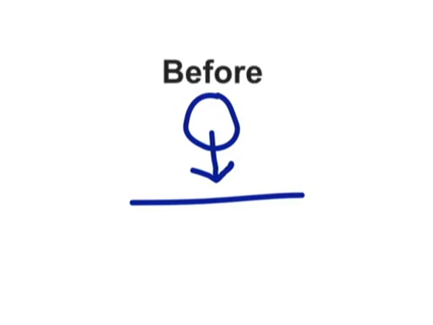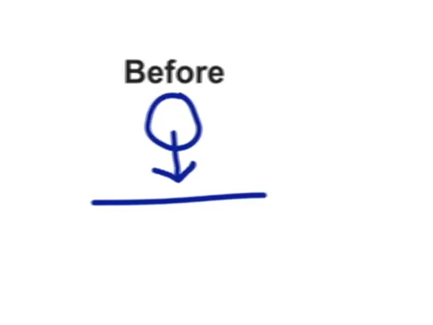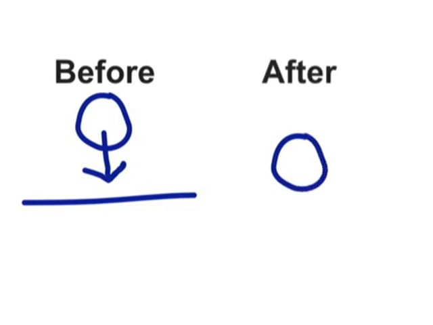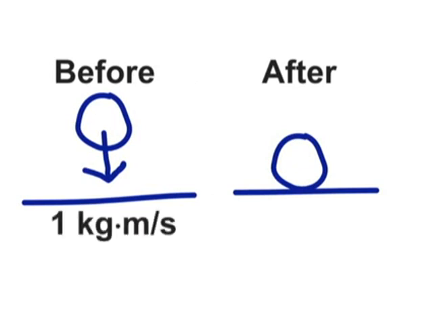If you have a ball which hits the floor and bounces, here's like before. Here's a ball, and it's got a certain amount of momentum. It hits the floor and lands with a thud. Let's suppose it has a momentum of 1 kilogram meter per second. Oh, except it's moving downward, so that's going to be negative, right?